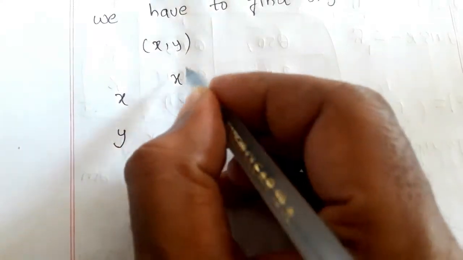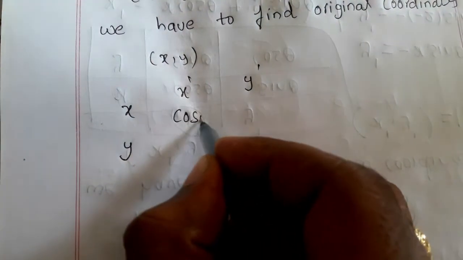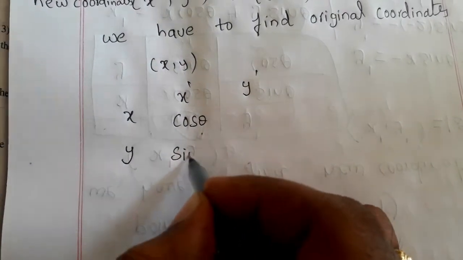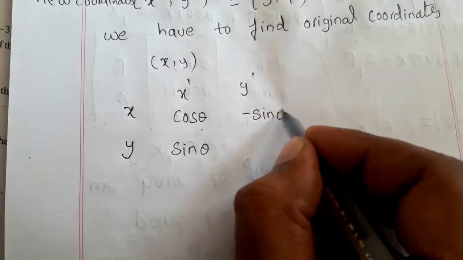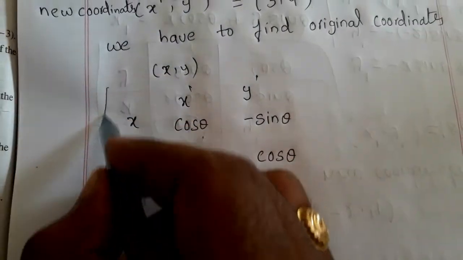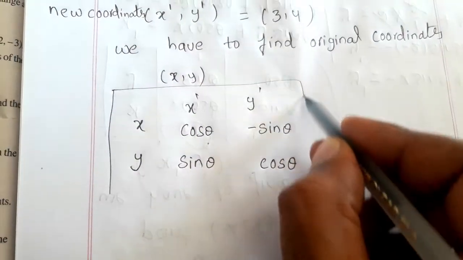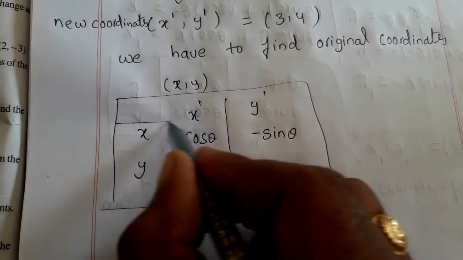To find this we are going to use one formula here: x y equals the box with x dash y dash, cos theta, sin theta, minus sin theta, cos theta. So with the help of this box we are going to find the original coordinates.